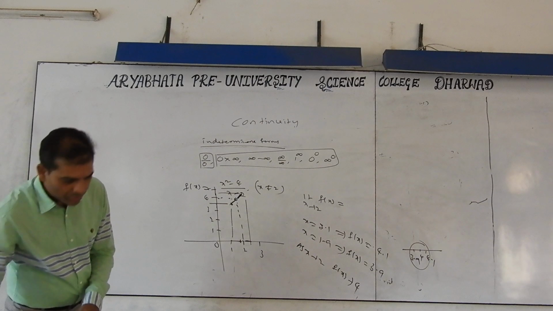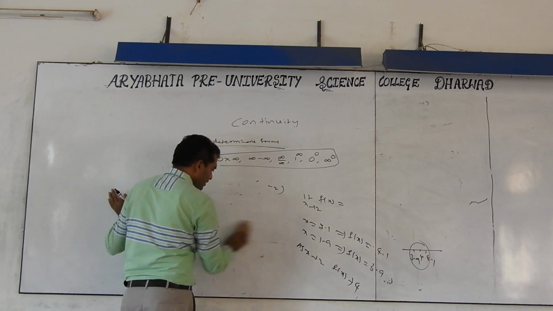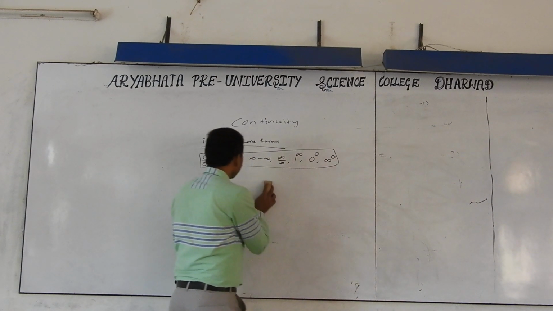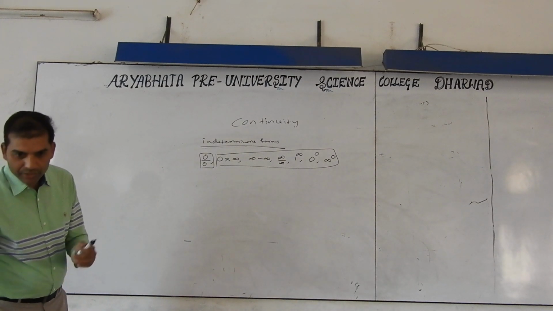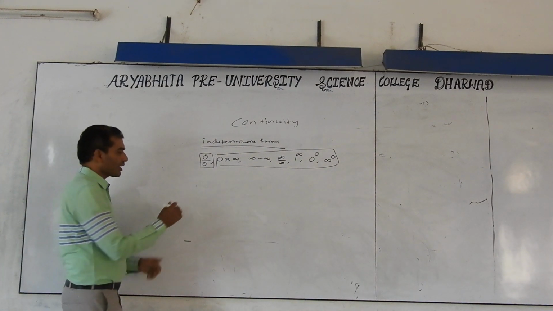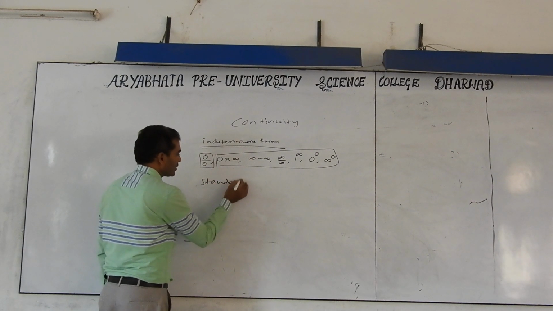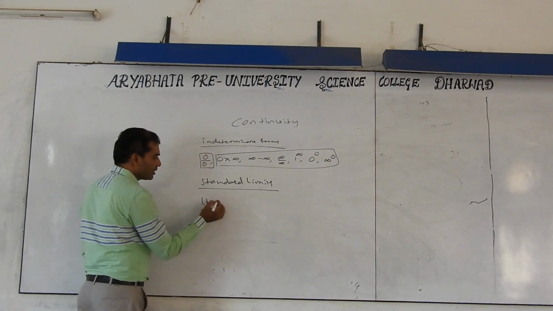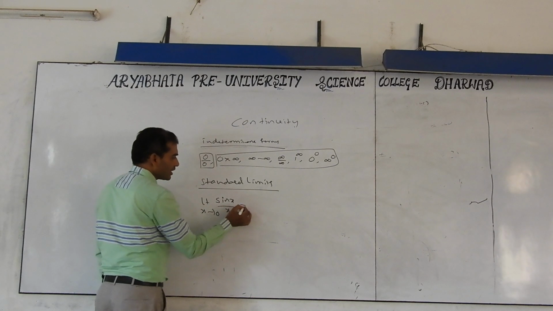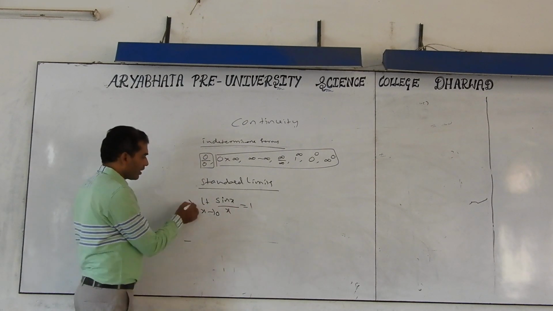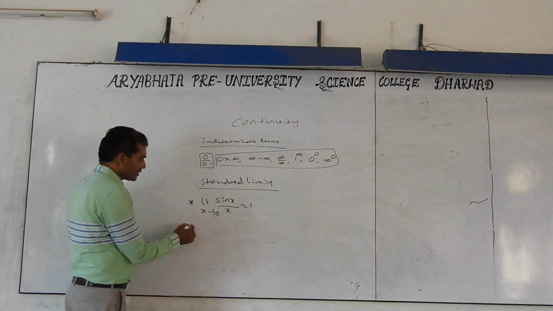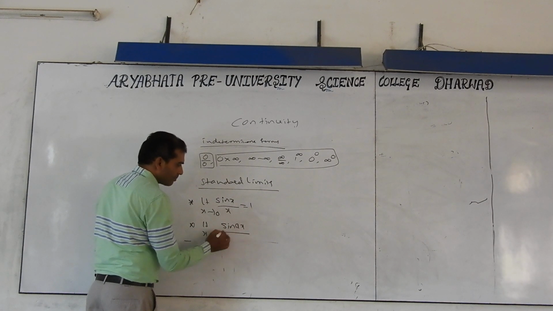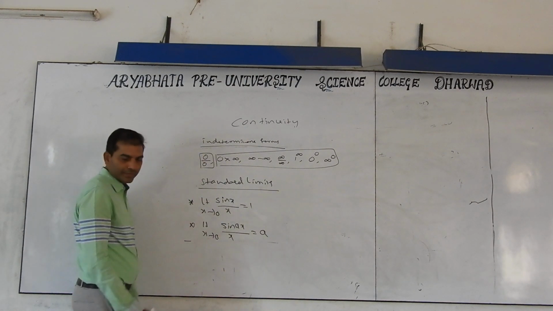If the 0 by 0 form comes, how to find the limit? There are many methods. We need some standard formulas. If it is 0 by 0 form, first use the standard formulas. What are the standard limits? First one, limit x tends to 0 sin x by x equal to 1. This is already learned in the first proof. Second, limit x tends to 0 sin ax by x equal to a.